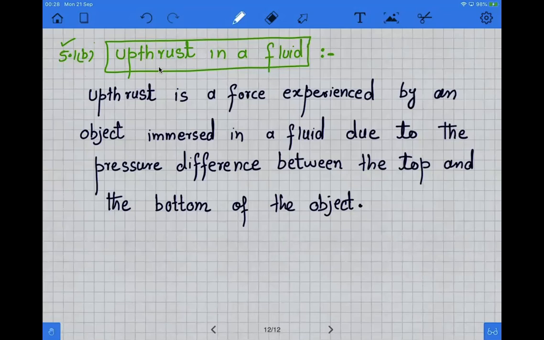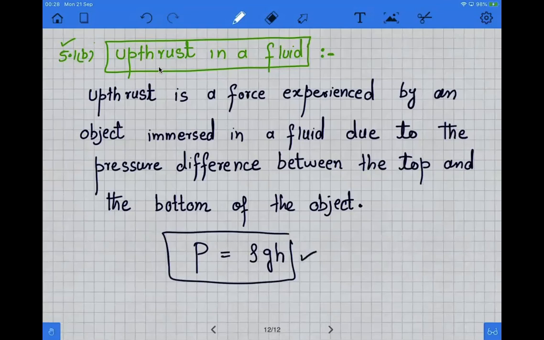pressure in liquids, we use the formula P is equal to rho GH. Actually, this is pressure difference, yet you can call it pressure. So, the formula for pressure that we use in fluids, typically in liquids, is rho GH.